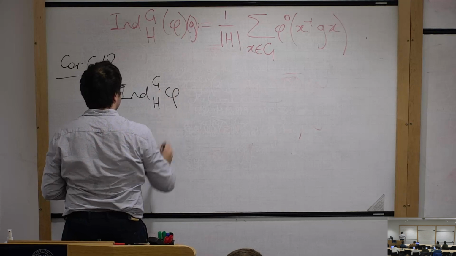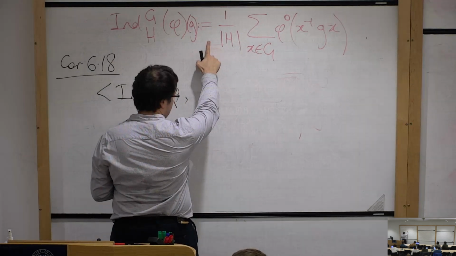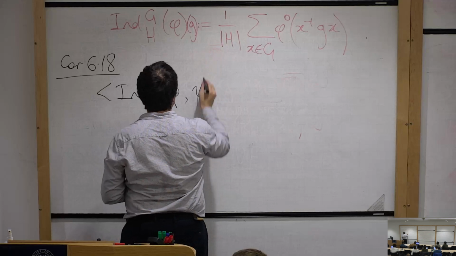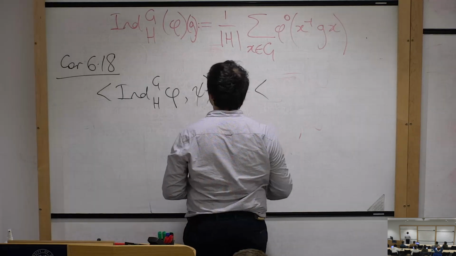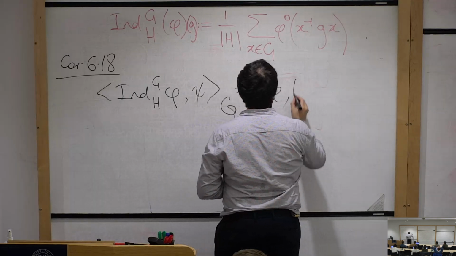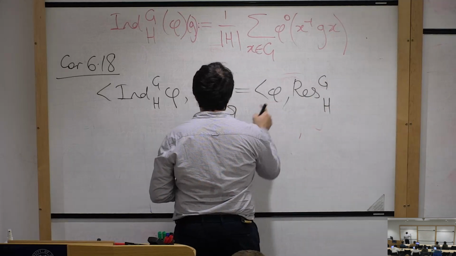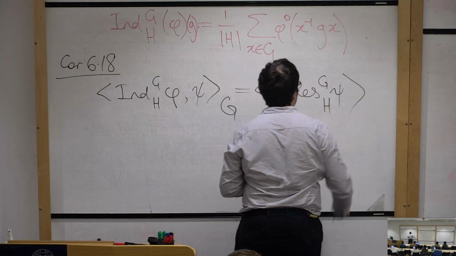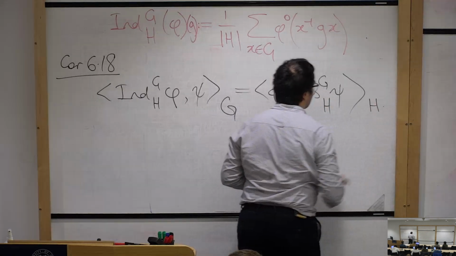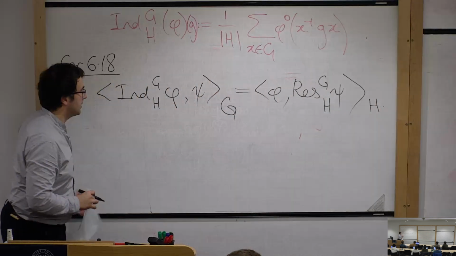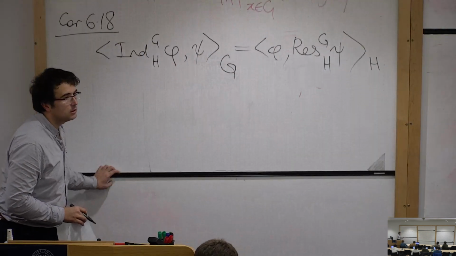I take a class function on H, induce it up in this sense, and take the inner product with some class function on G, and that's the same as taking the inner product of the function on H with the restriction of the function on G. So this really does say that this induction function is adjoint to the restriction.